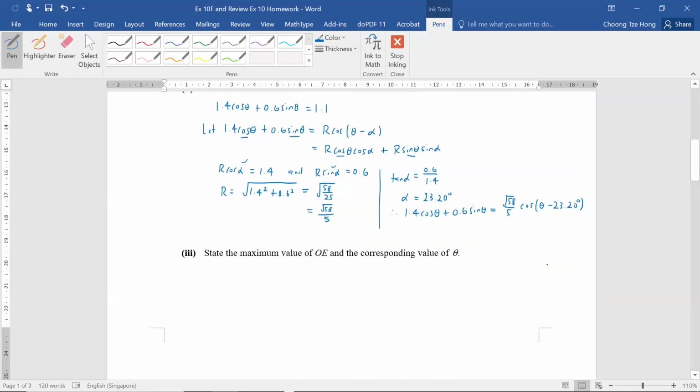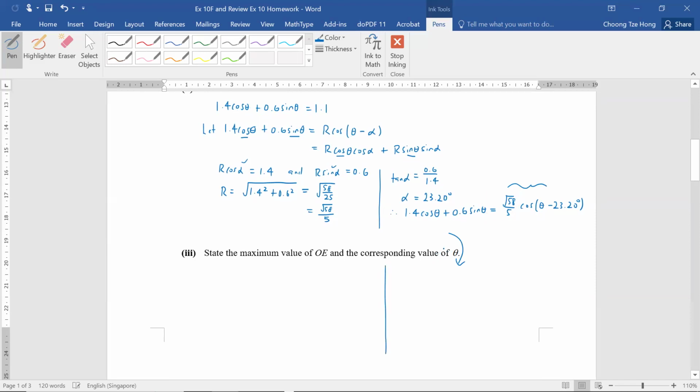I'll continue the question in this part, because there's not enough space. Remember, we are asked to solve this equation. We have already proven that 1.4 cosine theta plus 0.6 sine theta can be expressed in this R formula form, so we'll replace this into the equation.